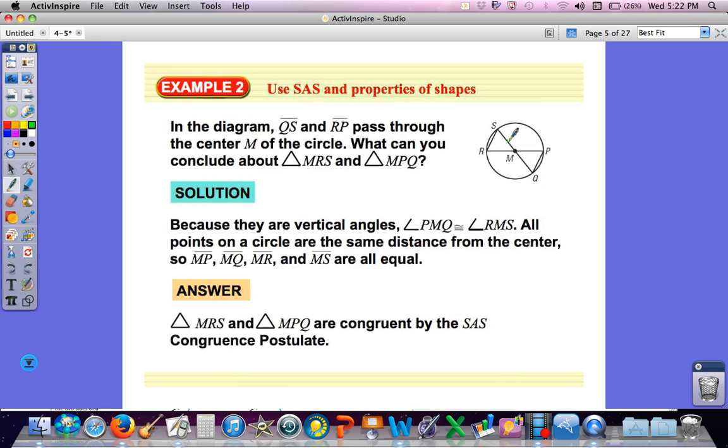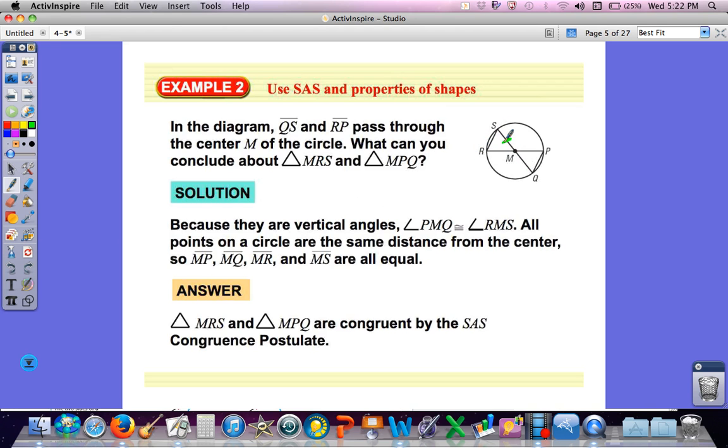Example 2, in this diagram, QS and RP pass through the center of M. You should know that obviously SM and MQ and RM and MP are all going to be equal because they're all basically radii, from the center of the circle to the end of the circle, okay?